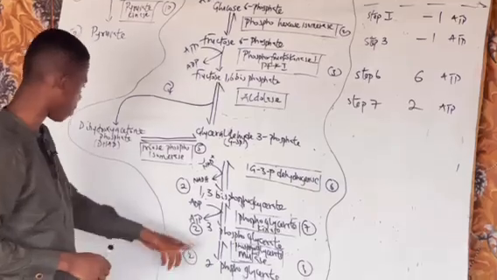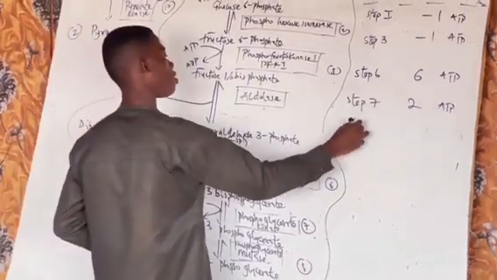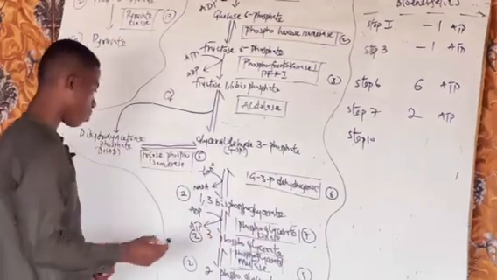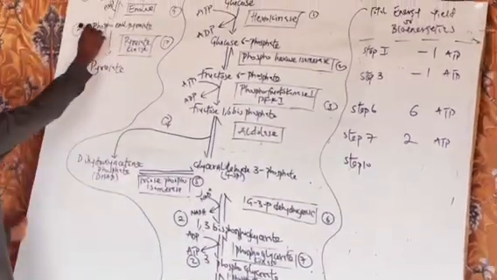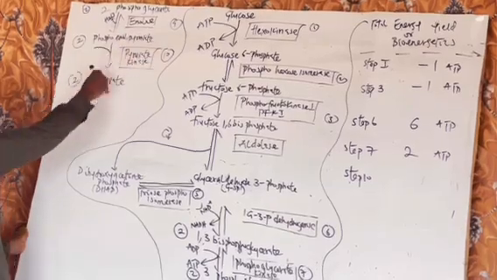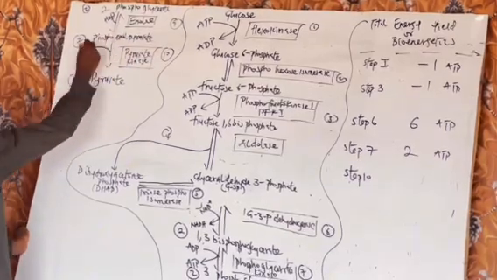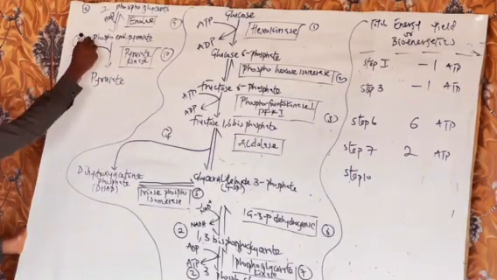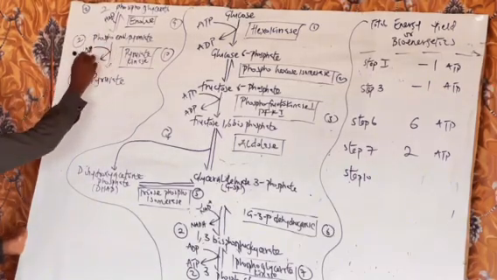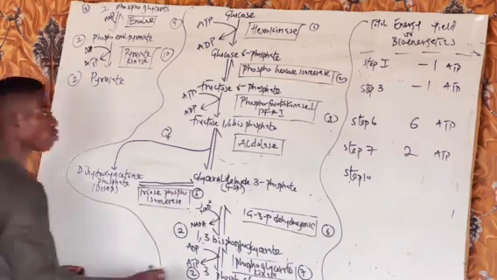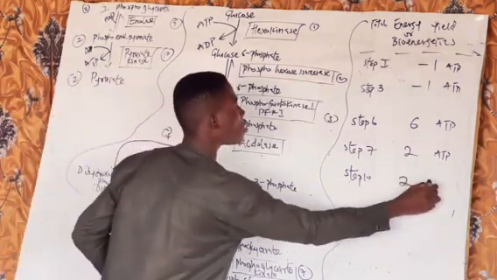Also in step 10, there is 1 ATP because we have phosphoenolpyruvate being converted to pyruvate. The second ADP here comes, collects the phosphate, and is converted to ATP. So we have 2 molecules of ATP.